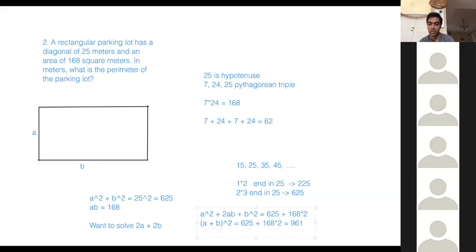Correct. So now what is the square root of 961? 31. So what would the answer be? 62. Good.